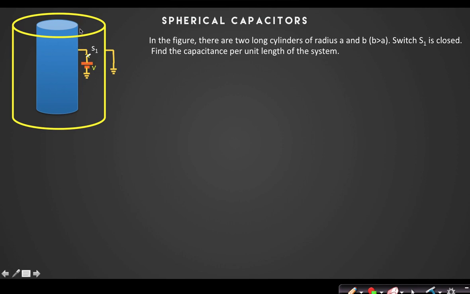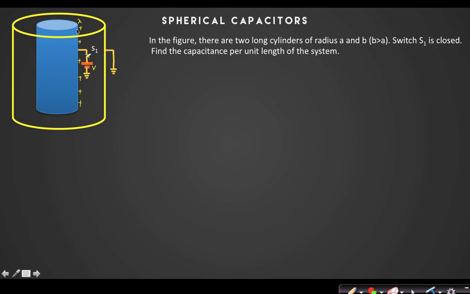For that, the inner surface has a plus lambda charge per unit length. You can also assume it to be surface charge or anything, but let us assume charge per unit length, because the charges will be along the lengths.